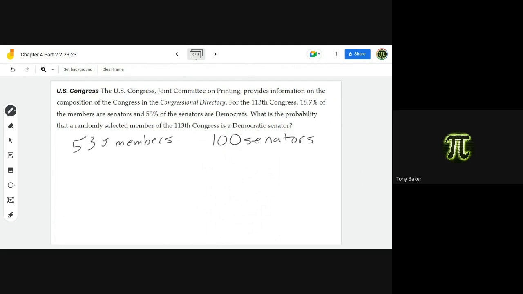In Connecticut, we have 3.5 million people and 7 votes, so each vote's about 500,000 people. So it favors the smaller states, giving them a little more say, but that's the way Congress was set up with the senators. They didn't want the large states to completely overwhelm the smaller states with mob rule.